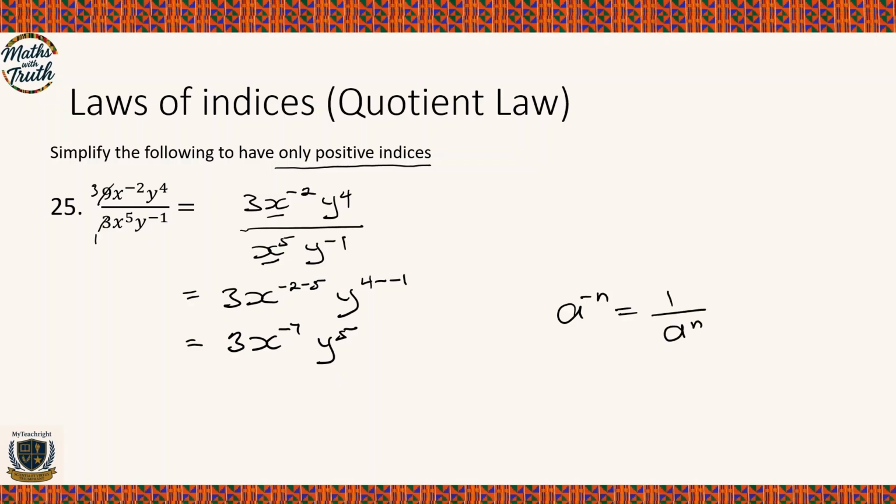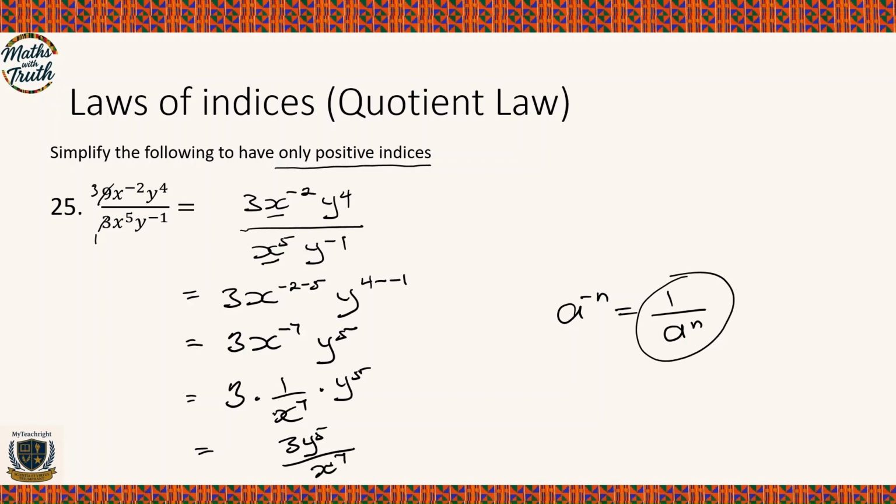So instead of writing x exponent negative 7, we write 1 over x exponent 7. So then this can be 3 times 1 over x exponent 7 times y exponent 5, which we can write neatly as 3y exponent 5 divided by x exponent 7. And that is our answer.